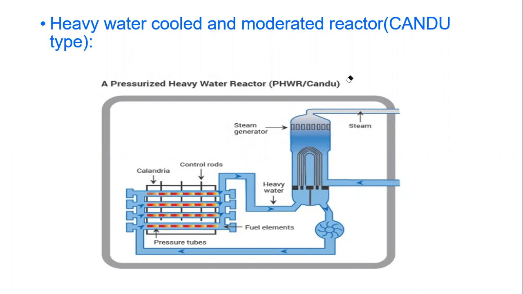The primary and the secondary circuits are similar to the PWR. There are two circuits, the primary and the secondary.